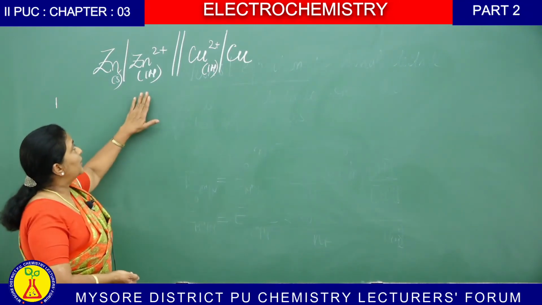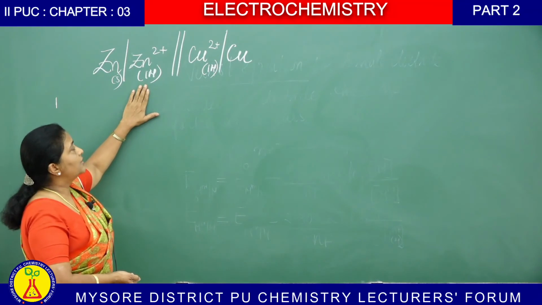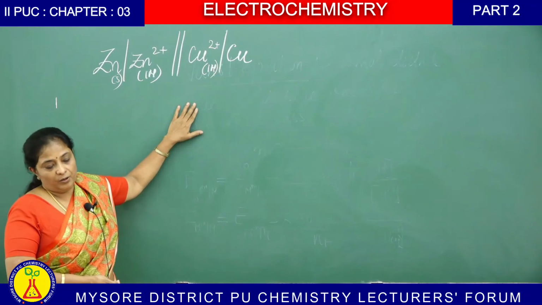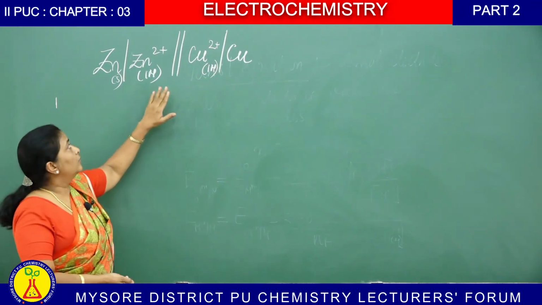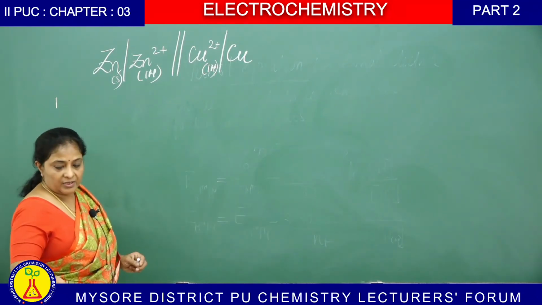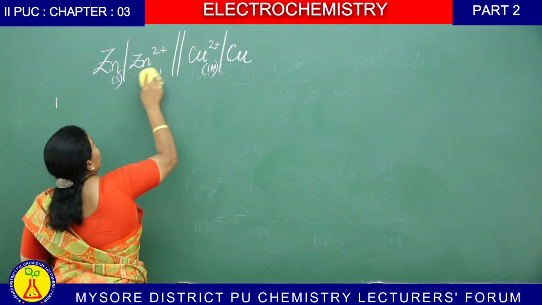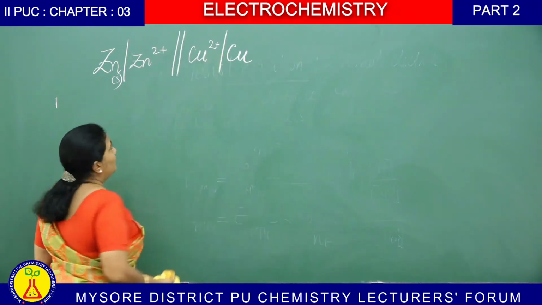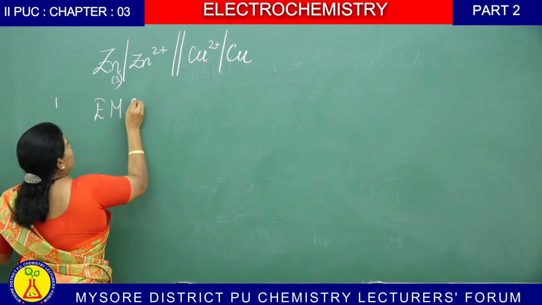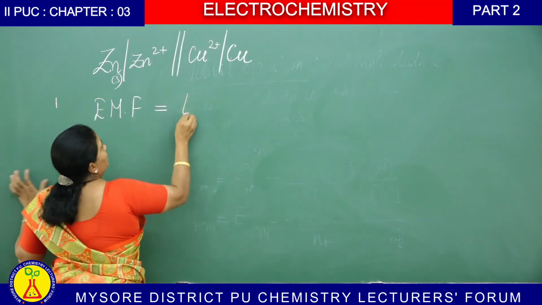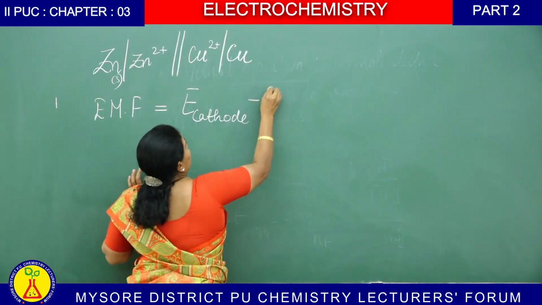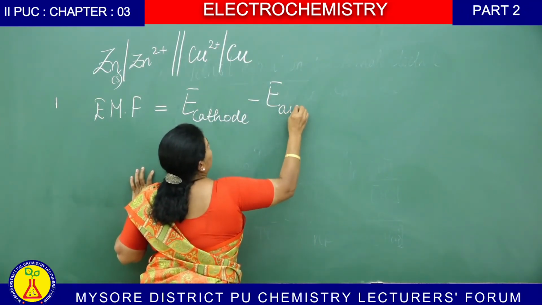Now, if we change the concentration of the Zn2+ ions, then the EMF of the Daniell cell is also going to change. So, let us look into that equation here. We will remove this concentration of 1 molar. We know that EMF of a cell is equal to E of cathode minus E of anode.